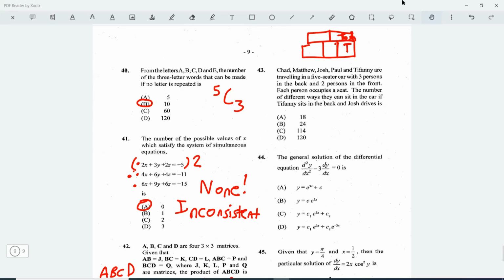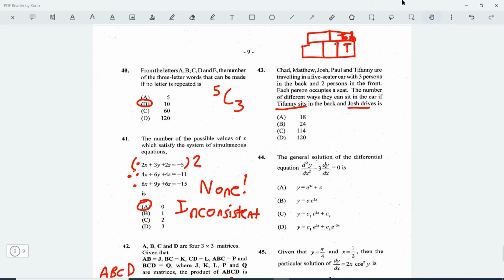So we're left to choose any person to sit here. So Chad can sit here, Matthew can sit here, Paul can sit here. It doesn't matter how we arrange these 3, all right? But we just know that Josh drives and Tiffany must sit at the back.